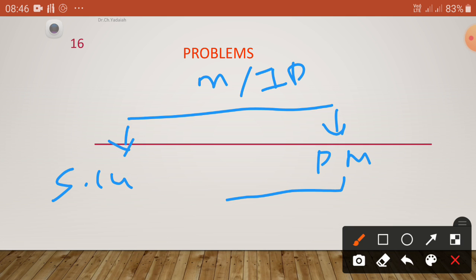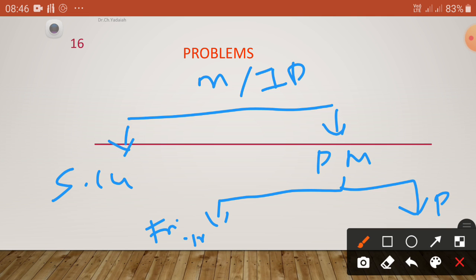This PM minus friction and iron losses gives us P net, the P output.